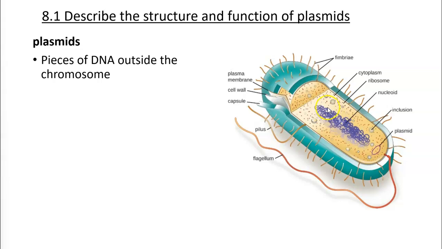So here we have the chromosome that has the instructions on how to make all the parts of the bacterial cell, but you've got a little extra DNA in some cells, not all cells, and there can be one plasmid or many, but we've got these one or more extra pieces of DNA that have some extra genetic information.